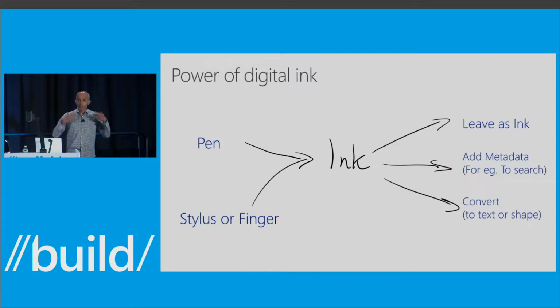And also, because it's a digital medium, we can mix ink with other content in our documents, ink with text and images and so on and so forth. We can go further with ink by analyzing the ink data and using the metadata to do things like search. I cannot do this with my physical notebook.